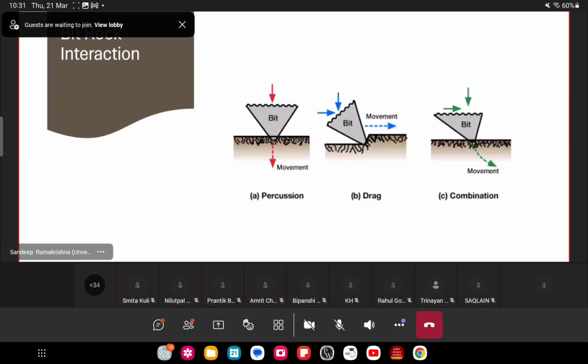This is where you start seeing it when you're trying to move the bit and start to drill a deviated wellbore, an angled wellbore. And then the combination of the two, where you have the percussion and the drag to build angles.